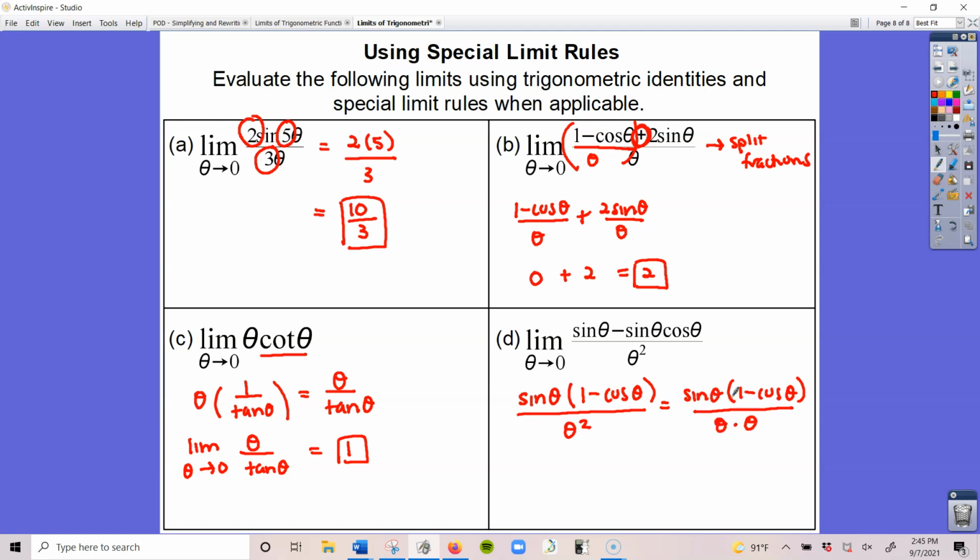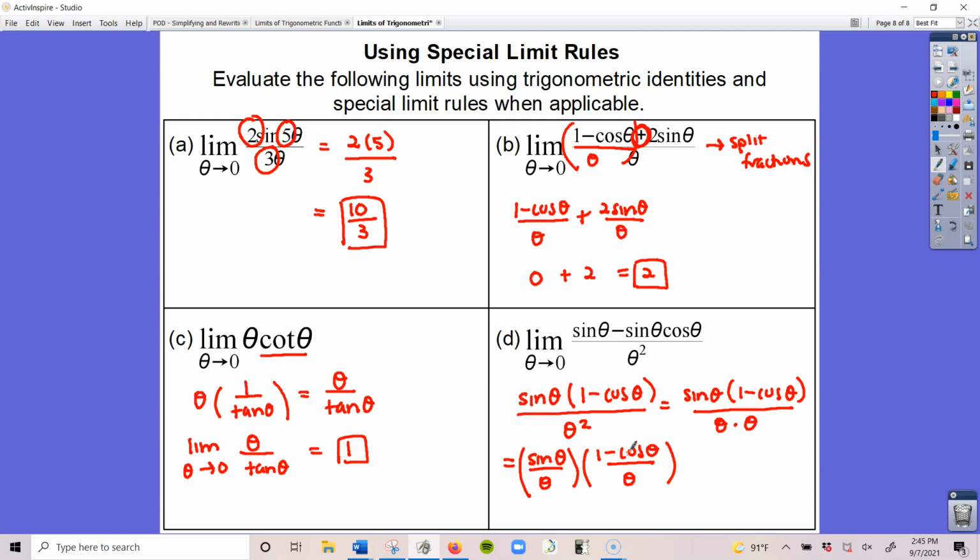Now these are my special limits. I can split up my fractions again here, except this time it's multiplication and not addition like here. So when I split, this is the same thing as sine of theta over theta times 1 minus cosine theta over theta. Now remember, if you're unsure if this is the same thing as the original equation, if you multiply fractions, you're only multiplying numerator with numerator, denominator with denominator.